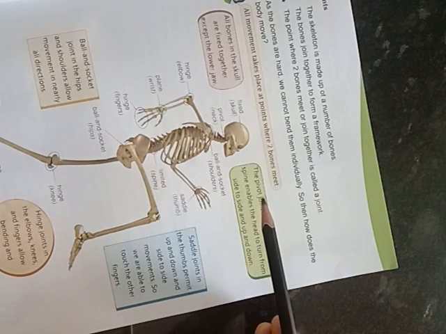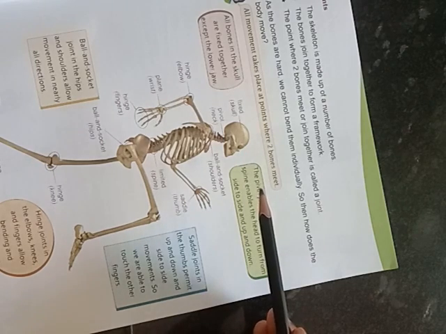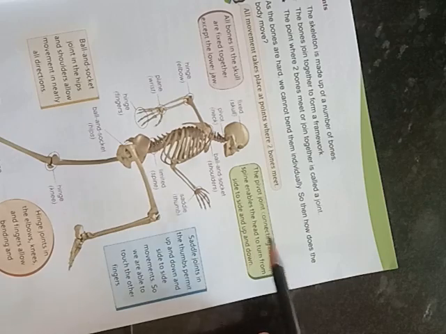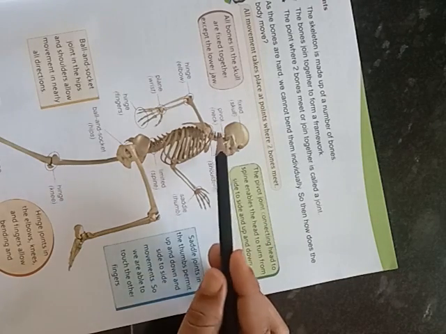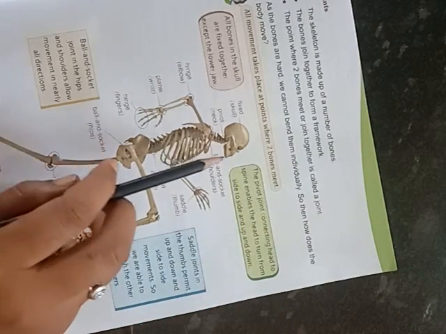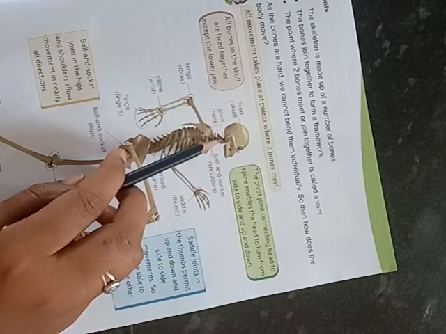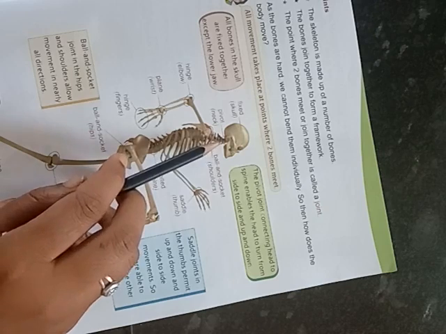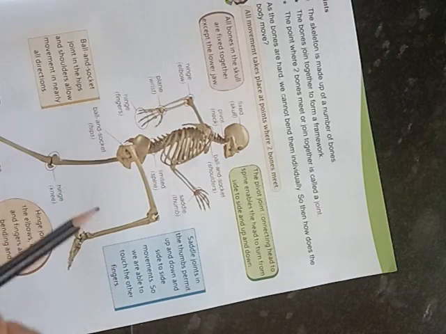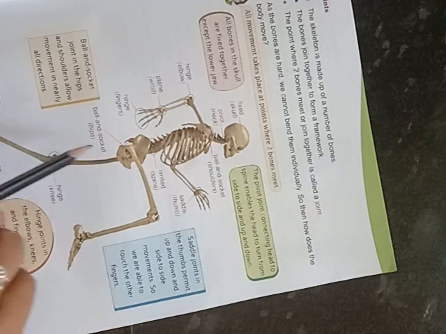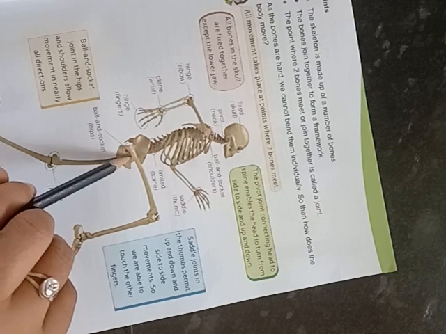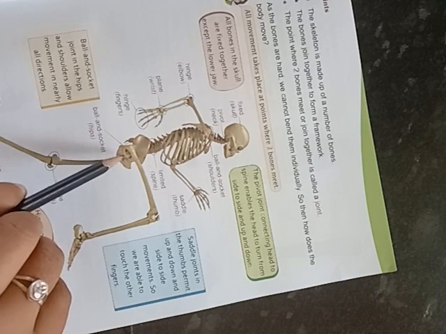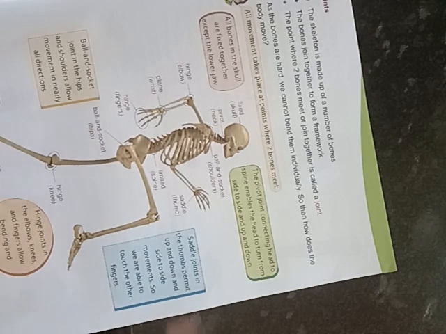The pivot joint connecting head to spine enables the head to turn from side to side and up and down. Next, see here, this is ball and socket. The ball and socket joint in the hips and shoulders allows movement in nearly all directions.